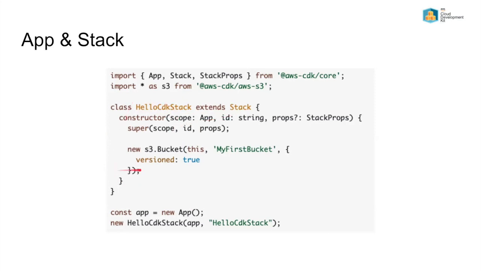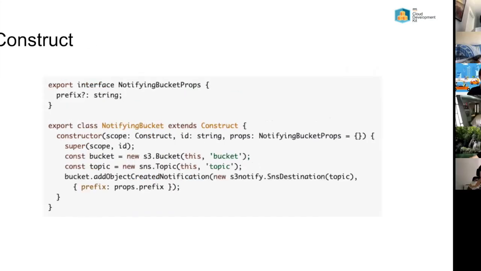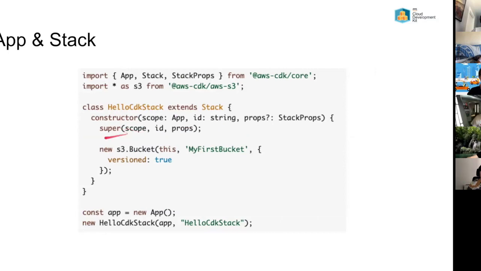Basically, in this stack, we're creating an S3 bucket. So inside the stack, we are just using a level 2 construct, but here we can put whatever we like. We could even add here the custom construct, so this custom construct could be inside here.